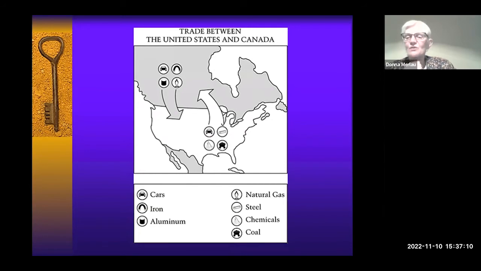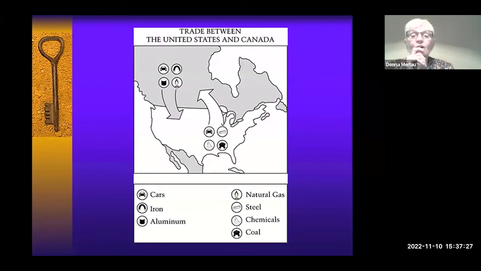Any patterns that you see? And I saw Patrick wrote that he saw cars going in both directions, which means that they're probably both putting parts in or working on those cars.